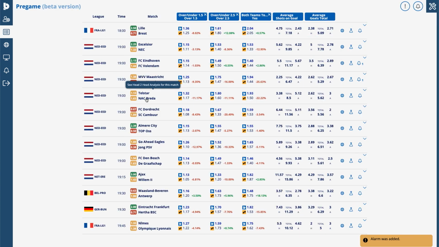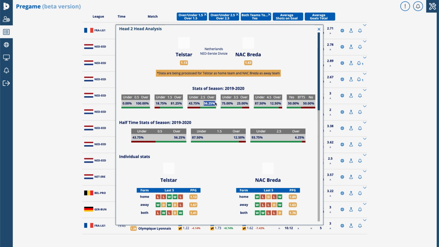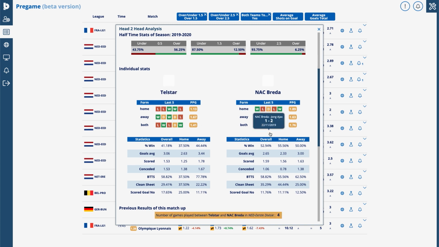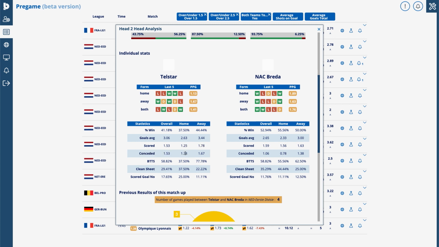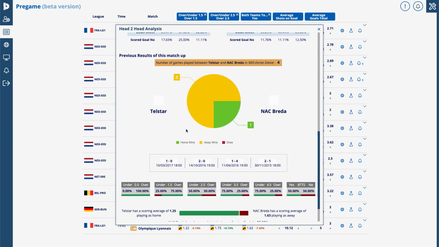Next one. Breda. Okay, so we have 56 over. Not playing very well. It's not very reliable, teams like this. Neither is Breda really, scoring more or less. And away tends to win.